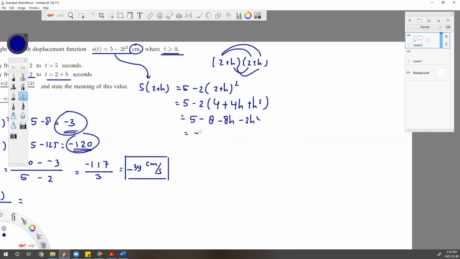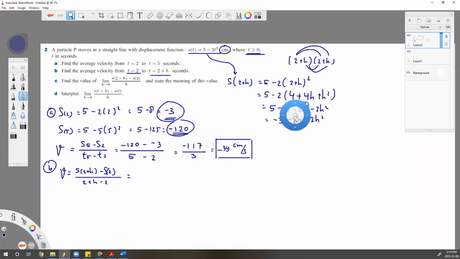And then negative 3, oh, everything is negative, I hate this. Minus 2h squared. So negative 3 minus 8h minus 2h squared. Subtract s(2). What is s(2)? Oh, here, negative 3.